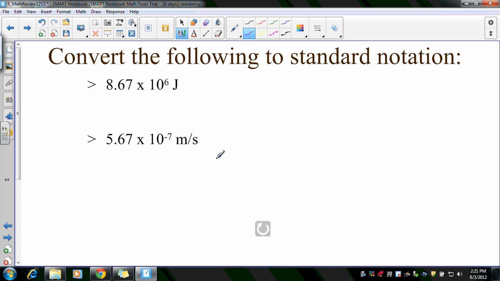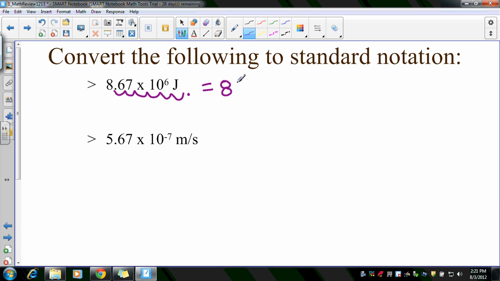All right, so let's do some examples here. So we're going to convert these to standard. It's a positive exponent, which means we're going to go to the right to make a larger number. So 1, 2, 3, 4, 5, 6, and that's where our decimal point ends. So we have 2 spots that have digits, and we have 1, 2, 3, 4 spots that need zeros.